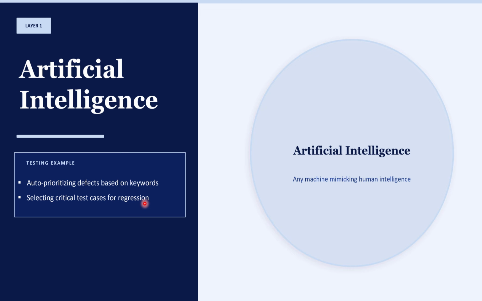Another example, if your system automatically selects critical test cases for regression based on impacted modules, that's AI. It's making decisions similar to an experienced tester. So the key idea here is AI doesn't always mean something complex. Even simple rule-based systems that mimic human thinking are part of artificial intelligence.